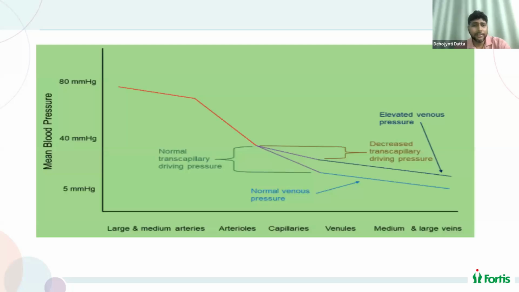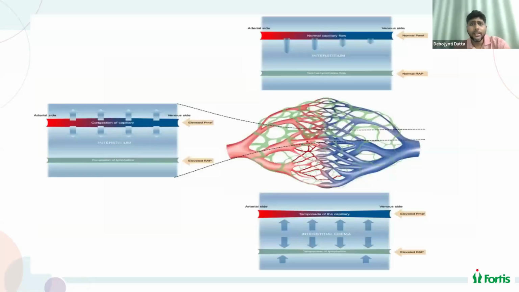This is a schematic diagram where you can see the decreased transcapillary driving pressure that happens if the venous pressure is elevated in patients who are intolerant to fluid. In this picture, you can see that as the venous pressure increases, more fluid accumulates in the interstitium.